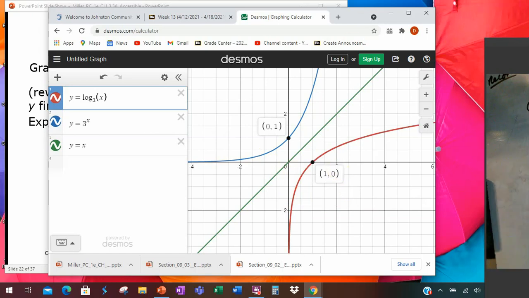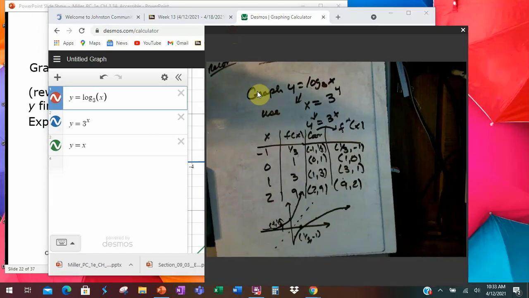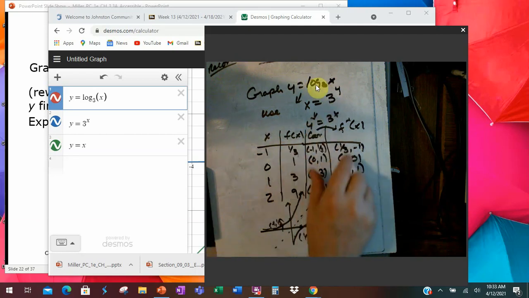This is all I have to do. So to graph a log to some base, I want to use the exponential form, do some basic graphing, and then do the coordinate pair, and then swap these, because the log is going to be harder to graph in general. You'd have to go to the calculator for all of these points.